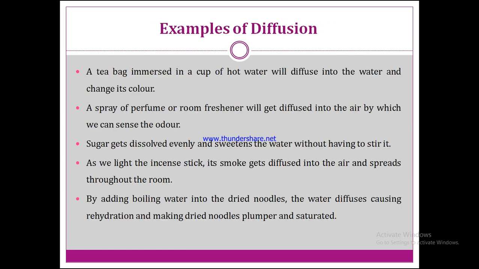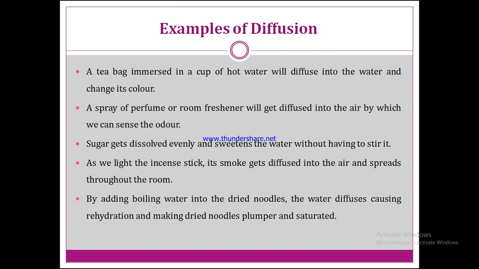Examples of the diffusion process: a tea bag immersed in a cup of hot water will diffuse into the water and change its color, or a spray of perfume or room freshener will get diffused into the air by which we can sense the odor.